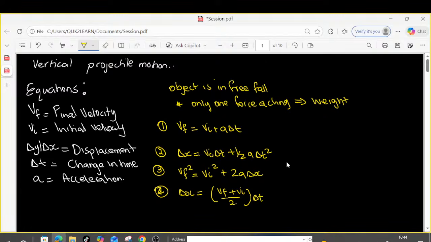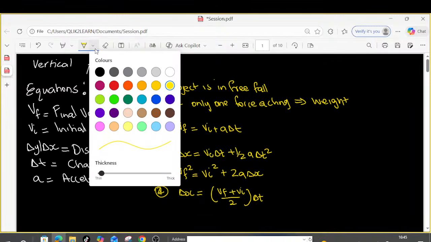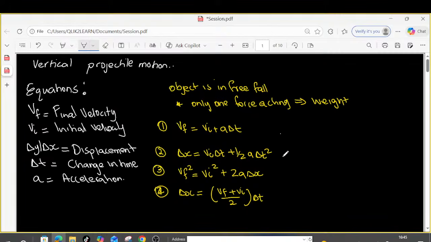Okay, so now I'm going to explain when to use the first formula. The first one, I need you to use it if the displacement is not given.